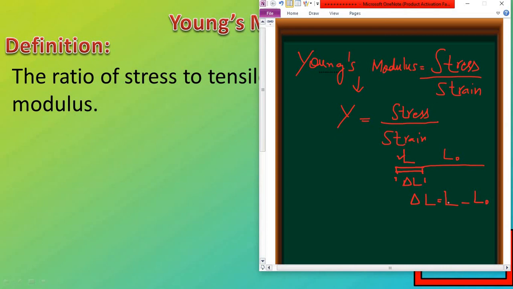If we subtract L minus L naught, we take del L. While we are doing this step, it will be clear in the next steps.